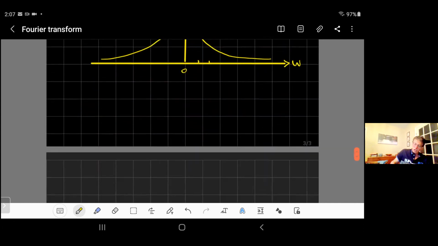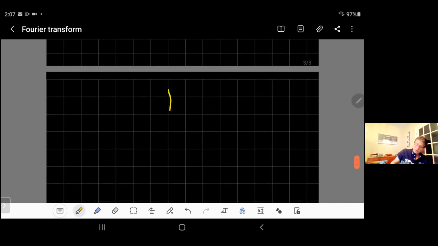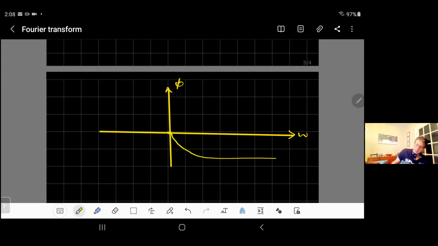So when you sketch the phase, that's the omega, and that's the phase. It's equal to 0 when omega equals 0, but when omega is getting toward this side, it goes to minus 90, and when it's going up here, it goes closer to plus 90.